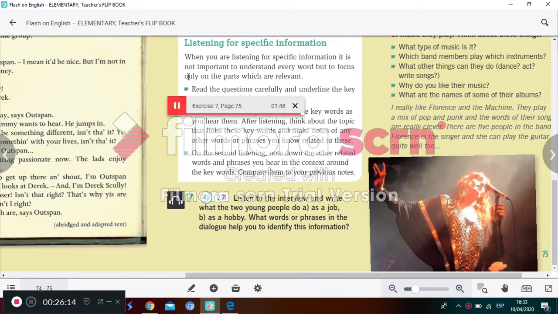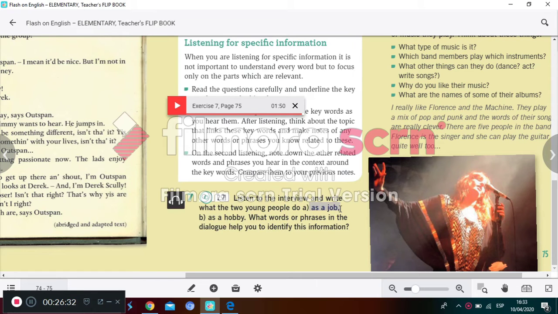Okay, students, now listen up. I'm going to play the audio again and please focus on this information. What activities, actions they do as a job, okay?